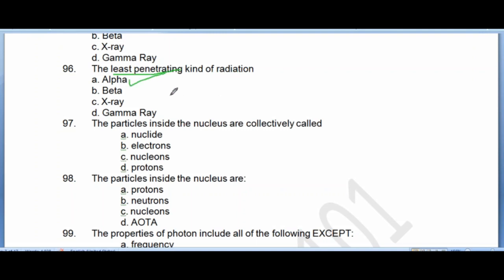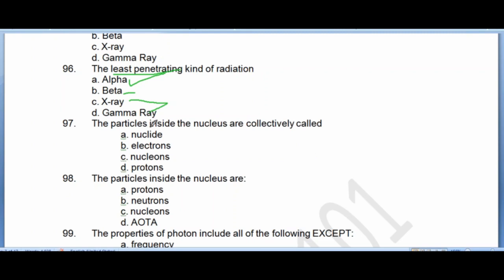So, least penetrating because it can be stopped by a piece of paper or cloth. Beta particles, so it is more penetrating compared sa alpha and it can only be stopped by a certain thickness of aluminum. X-rays and gamma rays, they can be stopped by lead.